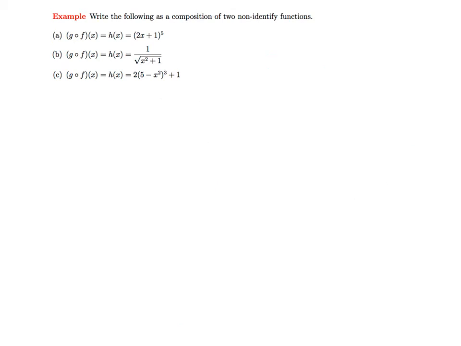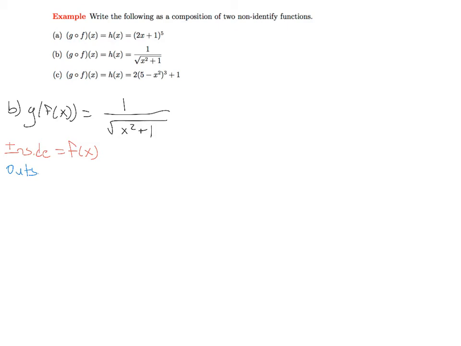In part B, we have the function g composed with f of x is equal to 1 over the square root of x squared plus 1. And so again, we have an inside function, f of x, and an outside function, which is denoted with g of x.